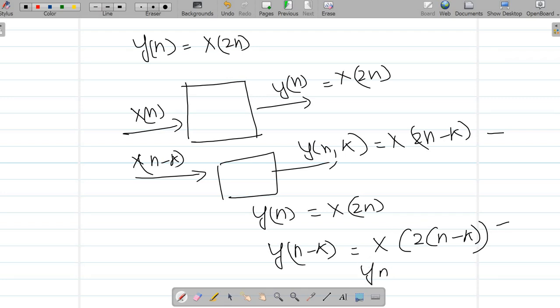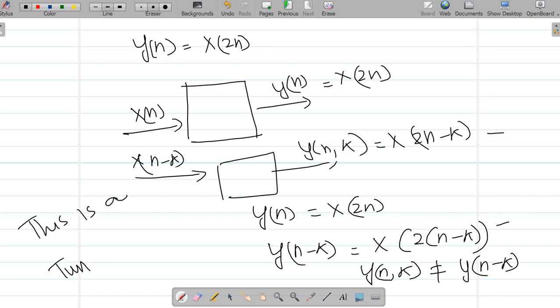So y of n comma k is not equal to y of n minus k. So this is a time varying system.